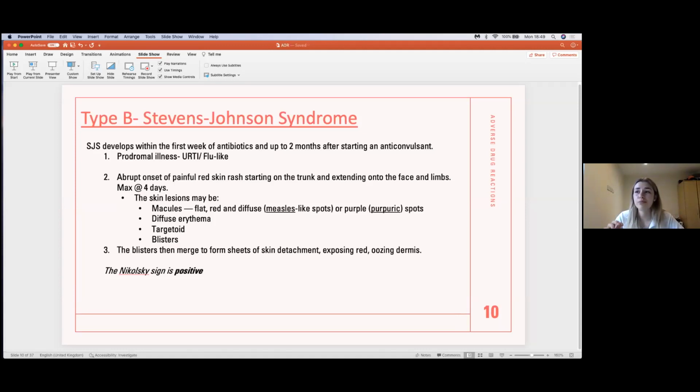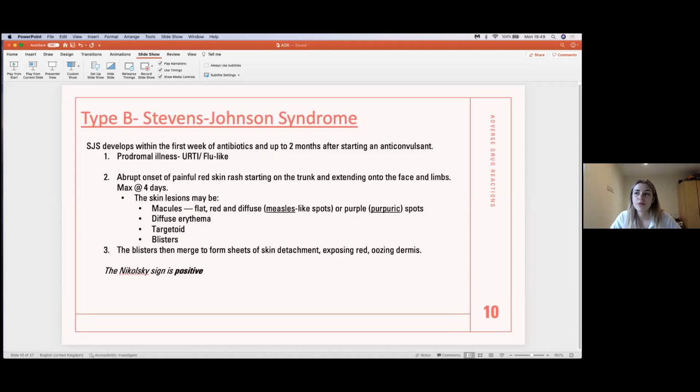Then you get a really abrupt onset of a red skin rash, which normally develops from the trunk and then extends to your face and your limbs. But it's important to know that this rarely affects the scalp, the palms of your hands or the soles of your feet. And the maximum extent of this rash is reached at 4 days.